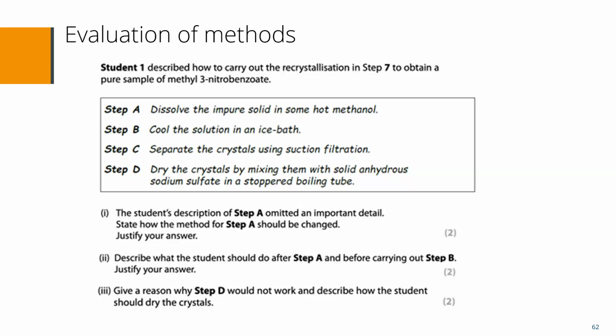Describe what the student should do after step A and carry out step B, justify your answer, and give a reason why step D would not work, and describe how the student should obtain the crystals. So there's an evaluation of a method, and there's a method given that's got flaws in it, and the students are asked to spot those flaws and justify their answers and state the changes that need to be made.